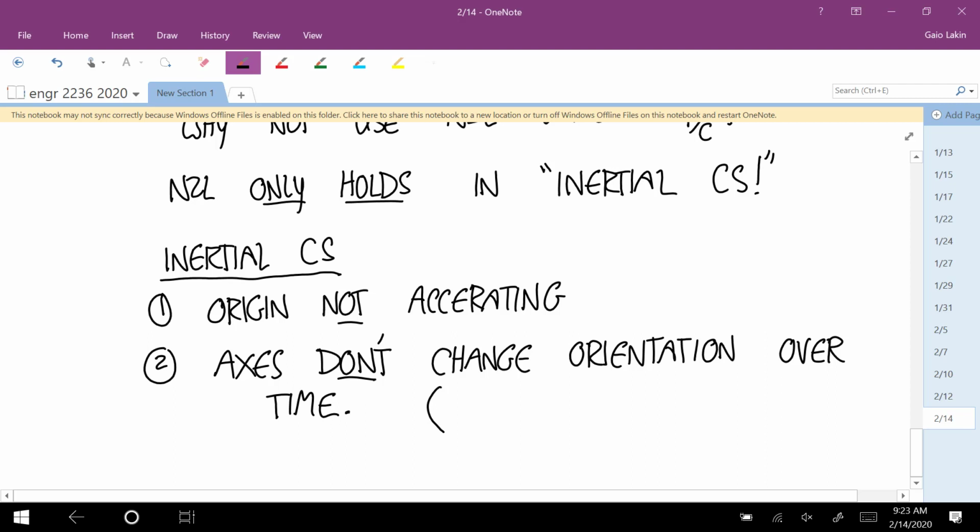Another way of thinking of this is that the coordinate system is not rotating. And I've mentioned before that later we're going to talk about how to calculate true inertial accelerations if your measurements are taken in a rotating coordinate system.